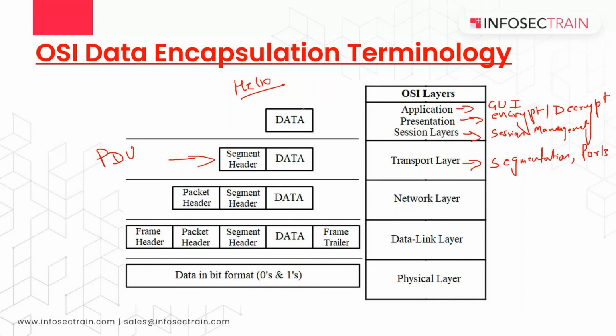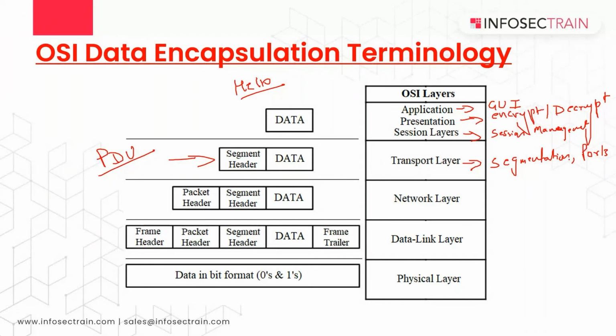Then, when it is segmented, broken into smaller chunks, the protocol data unit is a segment. It also takes care of ports according to TCP and UDP, whether to use TCP or UDP for sending the data, according to the communication that is happening.